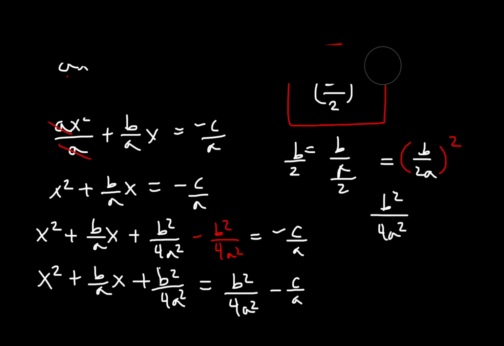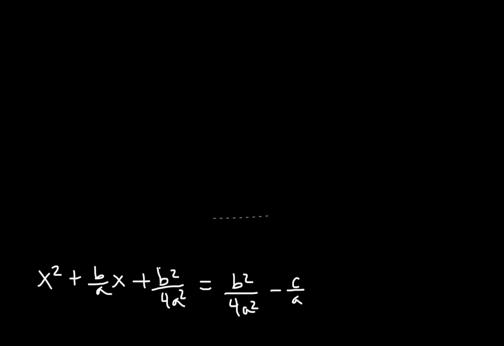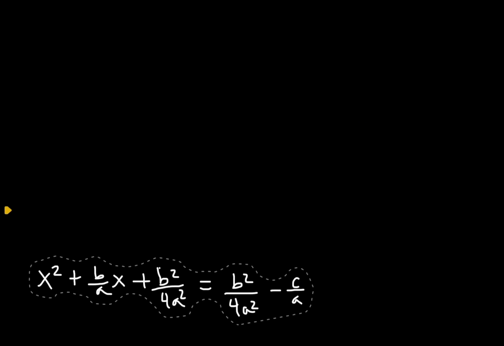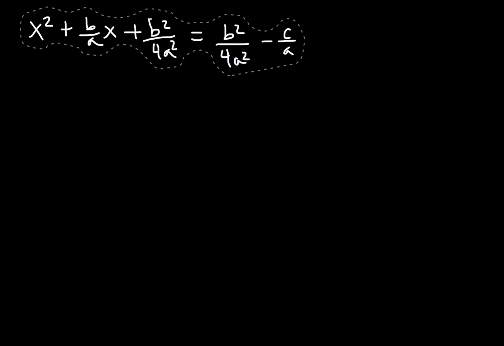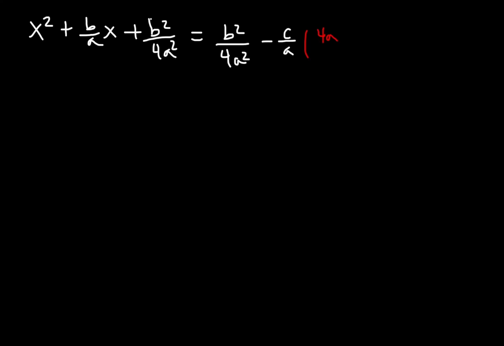Now I'm just going to get rid of some stuff here, and I'll simply move this up. So from this point, I'm just going to add these two up. So I'll find a common denominator, so I'll multiply this by 4a over 4a. I'm not changing anything, I'm just finding a common denominator. Because here, if I times this by 4, I'll get 4a, and if I times it by a again, I'll get a squared.